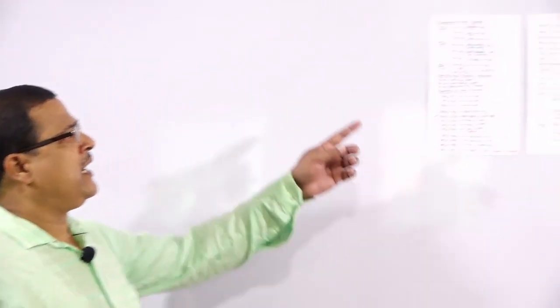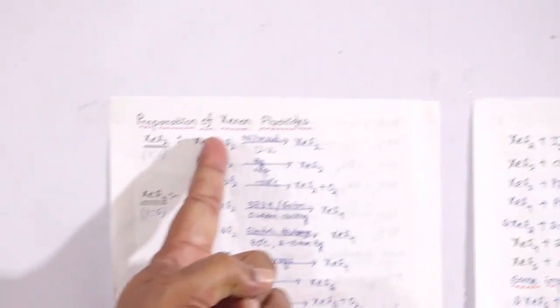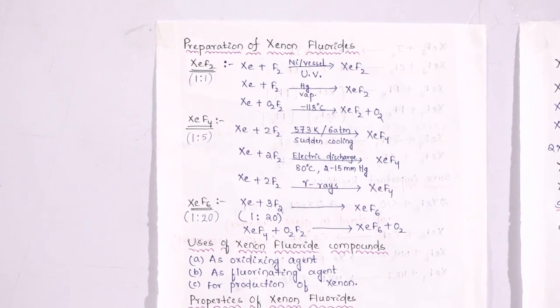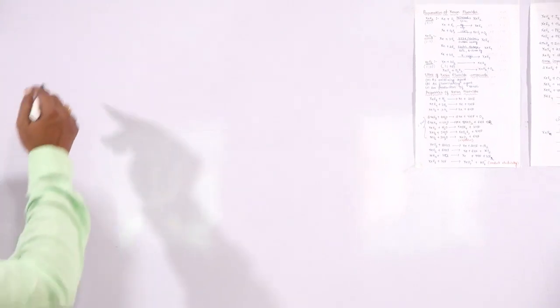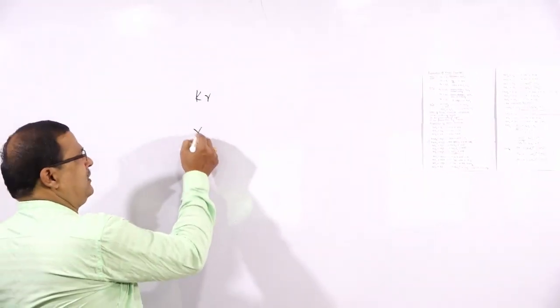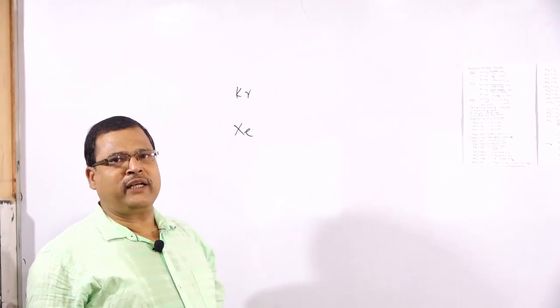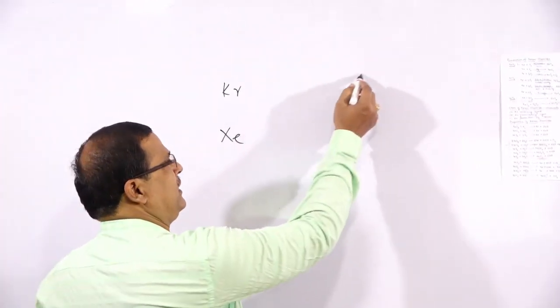So today we'll start with the xenon fluoride compounds, and xenon and oxygen compounds, and xenon, oxygen and fluorine compounds. We'll begin with the preparation of xenon fluoride compounds. In the last class we discussed why krypton and xenon have the ability to form compounds with the more electronegative elements oxygen and fluorine.